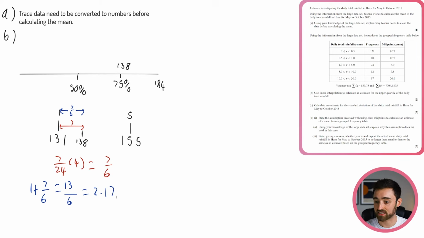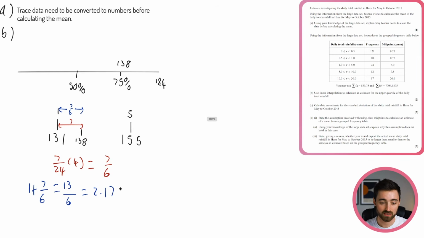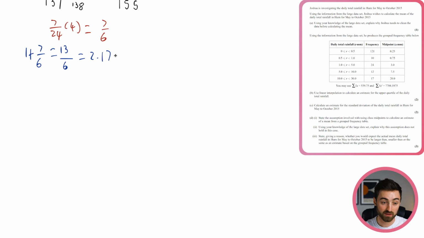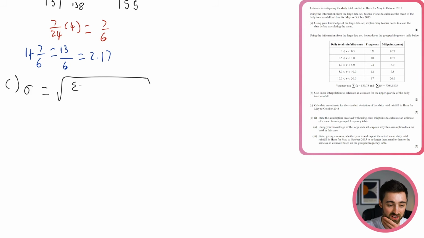Calculate an estimate for the standard deviation of the daily total rainfall from May to October 2015. So we just need to know the formula, but it is in our formula book, so don't worry too much. It's using these summary statistics, this sigma notation. Essentially, the standard deviation is going to be the square root of the sum of x squared, or fx squared in this case, over the sum of f, or the total amount there are.